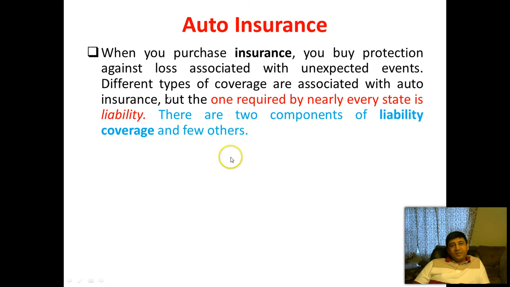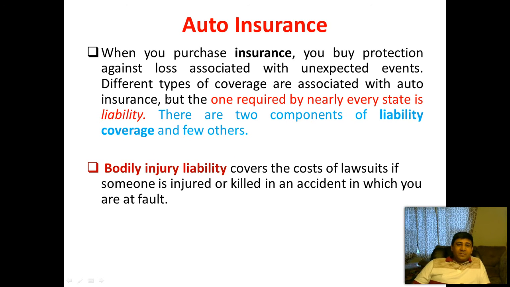When you purchase insurance, you have to go with the state's minimum standards. You buy protection against the loss associated with unexpected events, accidents, totals. There are different types of coverage associated with auto insurance, but one required by nearly every state is liability. There are two components of the liability coverage, and a few others.